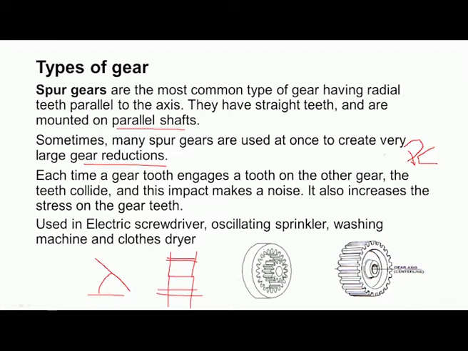That means there is collision between the mating teeth. So, this impact makes a noise. It also increases the stress on the gear teeth. So, they are normally used in electric screwdrivers, oscillating sprinklers, washing machines, and clothes dryers.